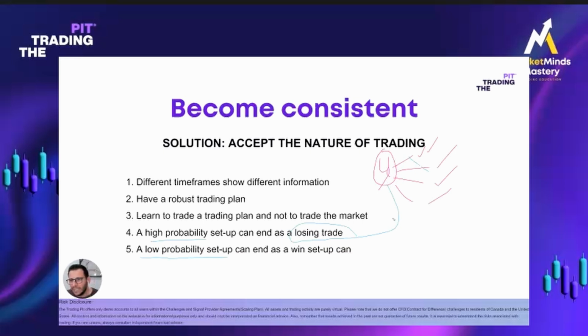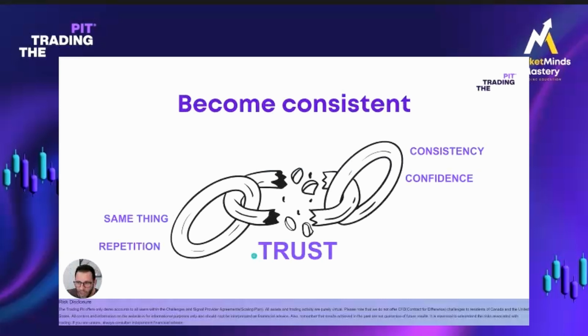So at that moment, traders start feeling upset, feeling angry, and again the problem falls on this part of the chain, the trust. They lose trust in their trading plan.